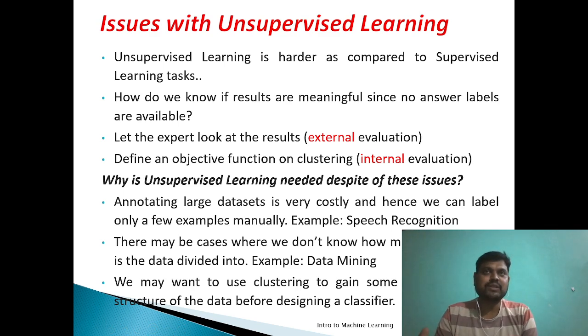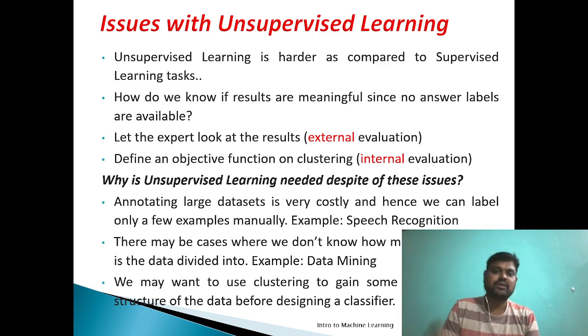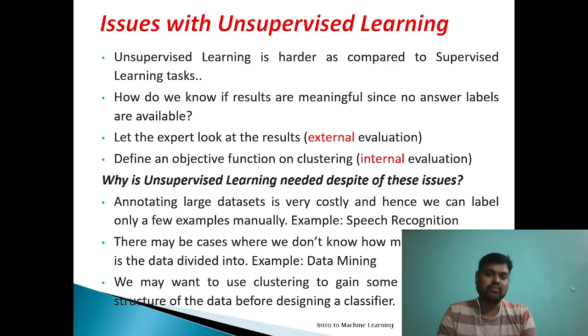So my objective is to create 3 clusters, one for orange, one for banana, and one for apple, and you have to define the characteristics or attributes of each cluster. Based on the objective function, the clusters are created and formulated. That is called internal evaluation.